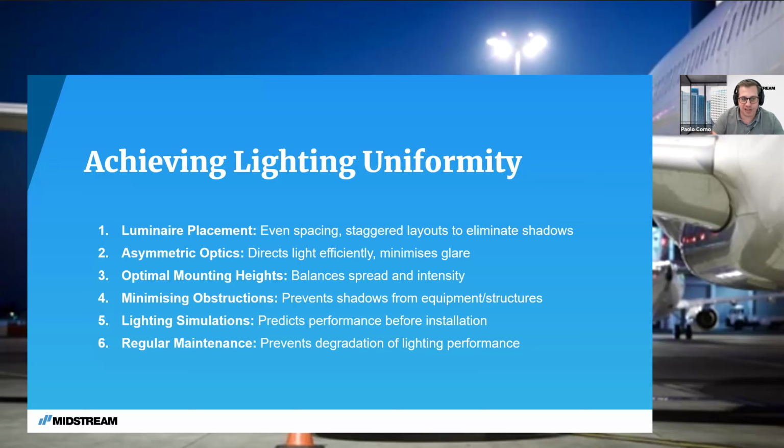But the denser the position of the luminaires is, and the more regular it is, the easier it is to achieve a regular uniformity between the various stands, and just generally a high uniformity on the apron.